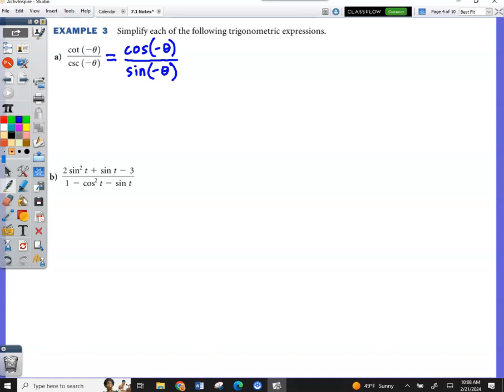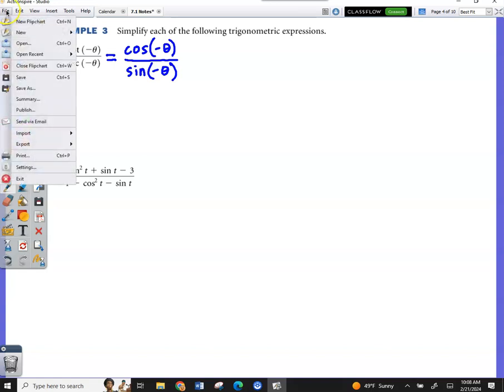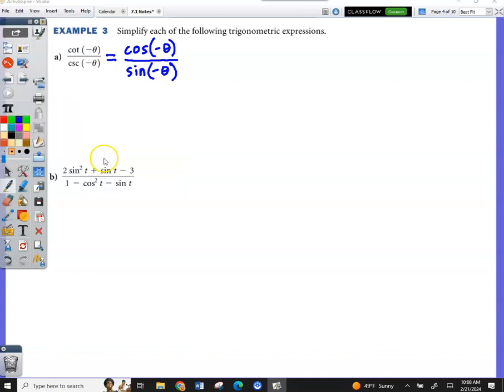Then we've got in the bottom cosecant. Well, if cosecant's in the bottom of a fraction, that's the equivalent of sine, right? 1 over cosecant is, look at your formula sheet. Go to your formula sheet. Let me actually pull it up so we can practice looking at it together.